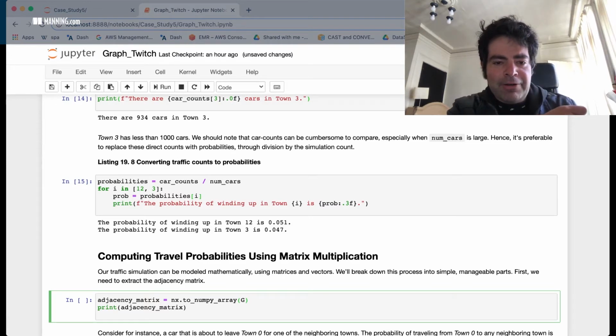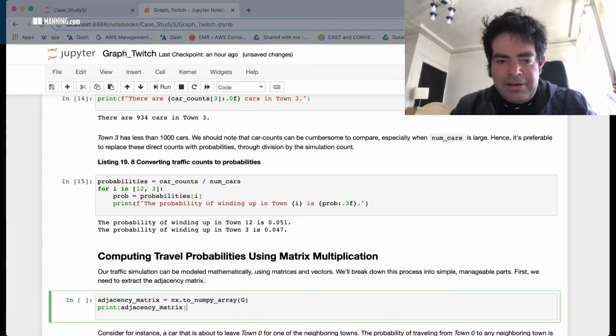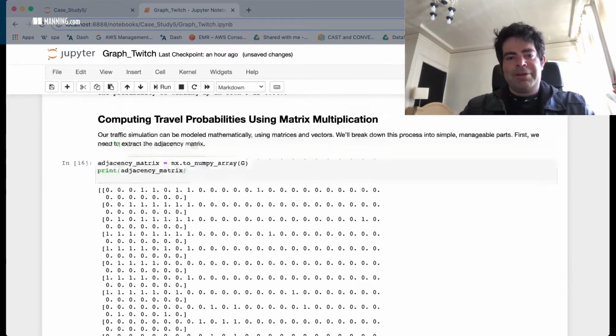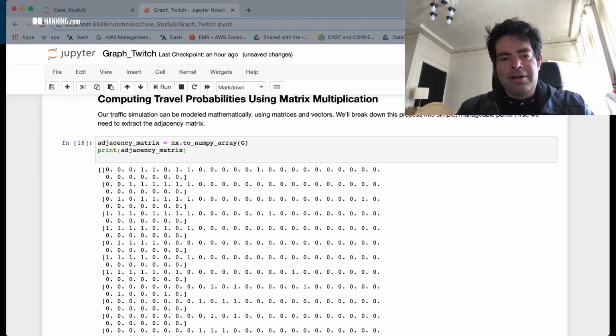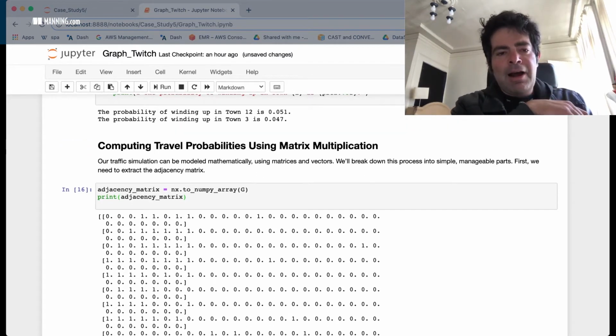But I'm going to convert this NetworkX class structure G into an adjacency matrix using NetworkX's to_numpy_array function. And I'm going to print out this adjacency matrix. This is what we get, a 2D table of zeros and ones. Each row and column in the table represents a town. So we have 31 rows and 31 columns corresponding to our 31 towns.